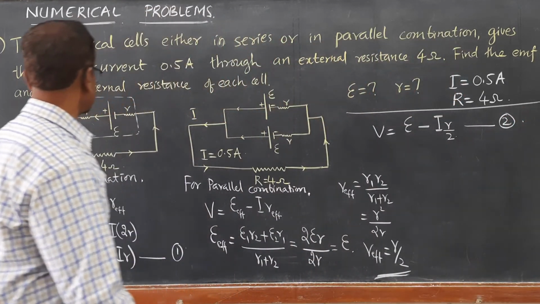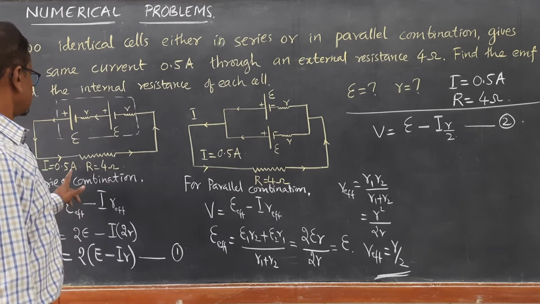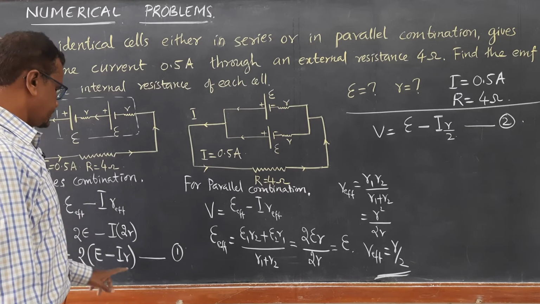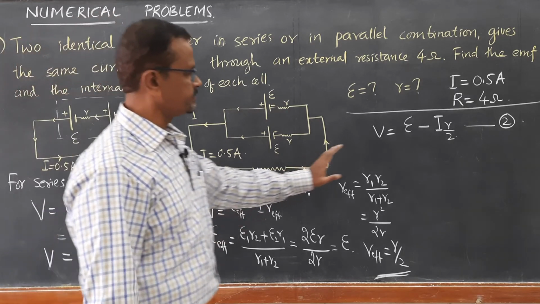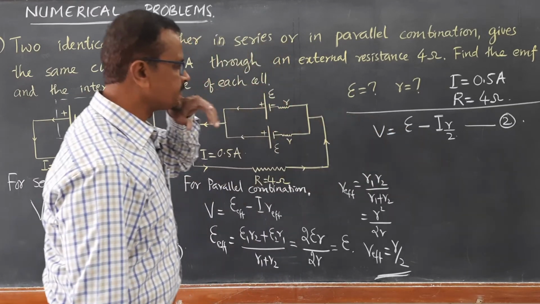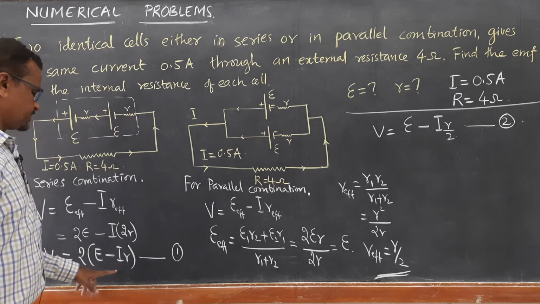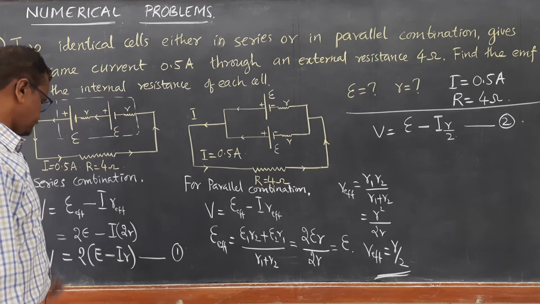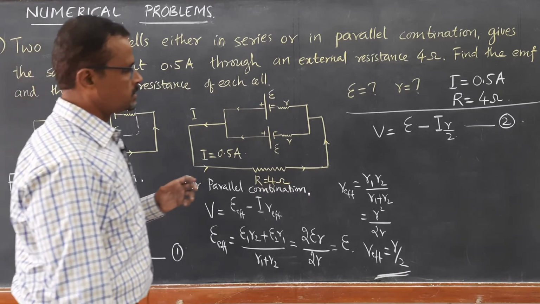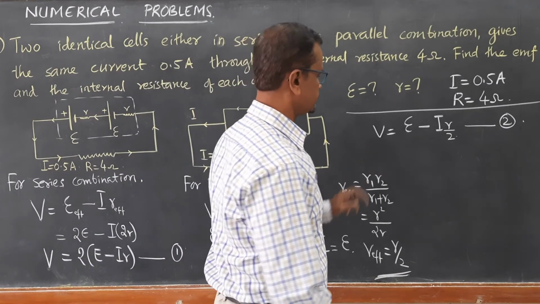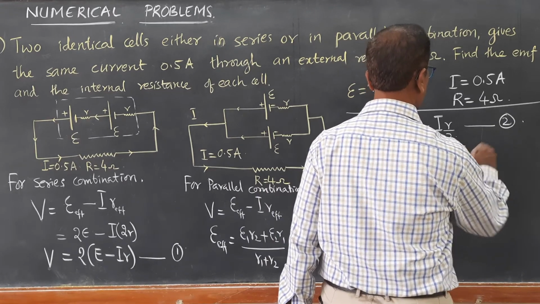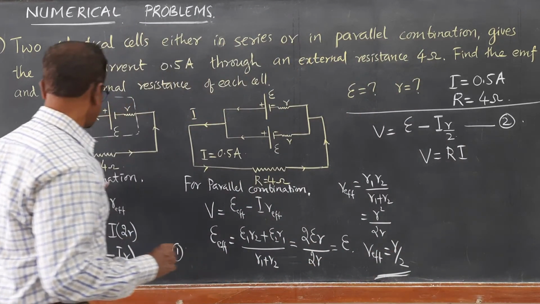Now, we can find out the terminal potential difference V. Equating 1 and 2, we get the equations for E and R respectively. We will get the values of E and R. Now, we know what V is. Terminal potential difference V is also equal to IR, the current through the resistance.